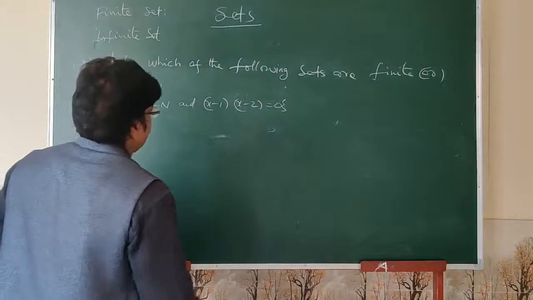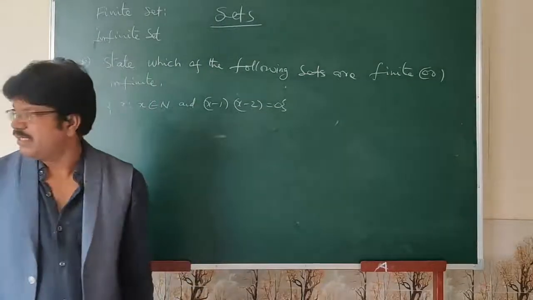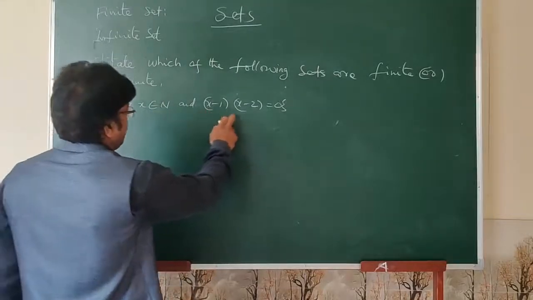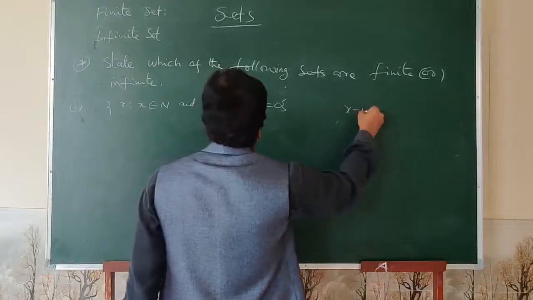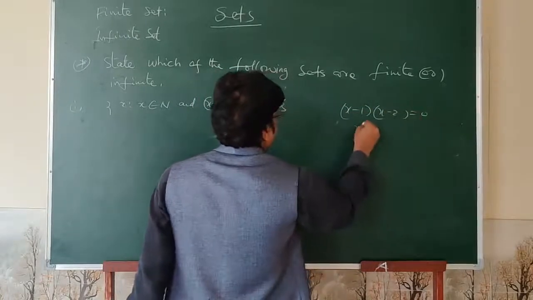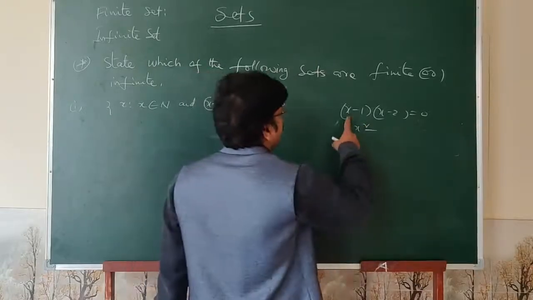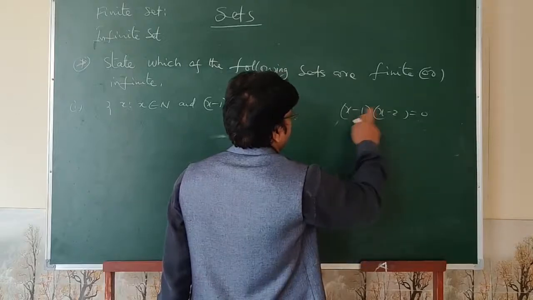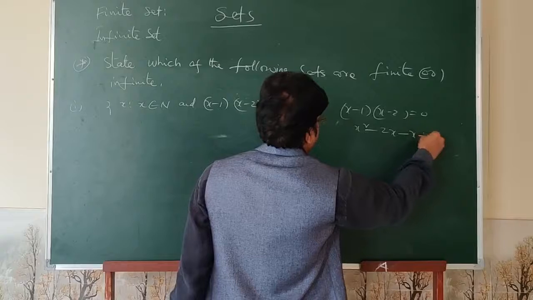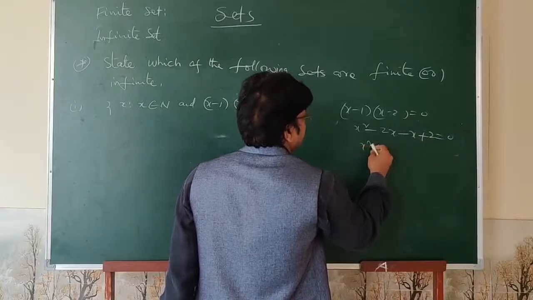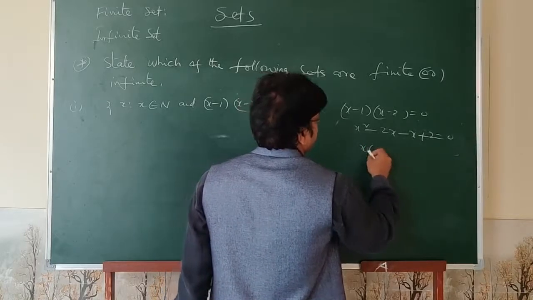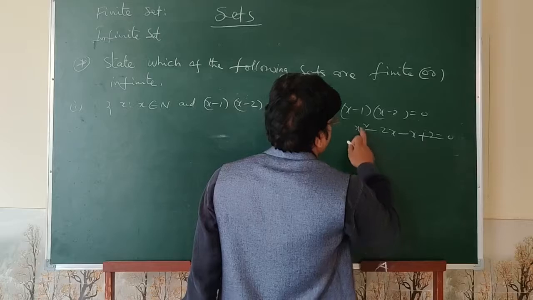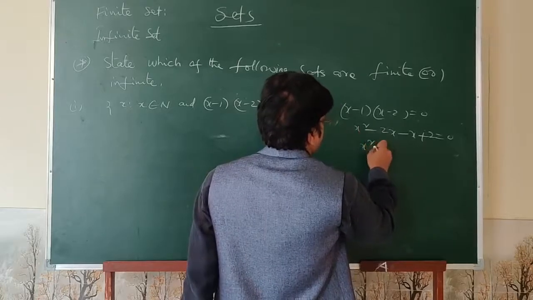Now we write it in the set builder form: x belongs to N and (x minus 1)(x minus 2) equals 0. Multiplying this, x square minus 2x minus x plus 2 equals 0.